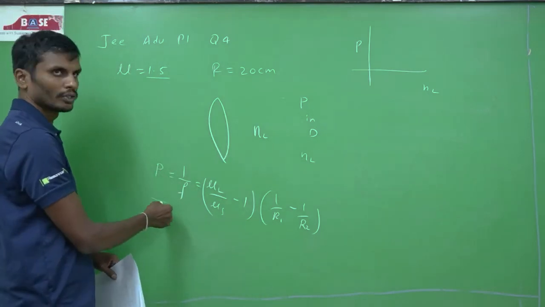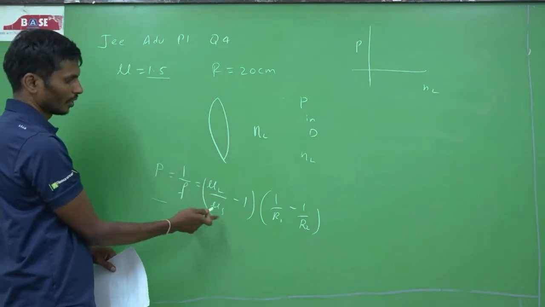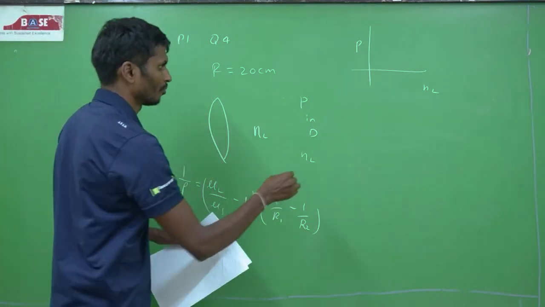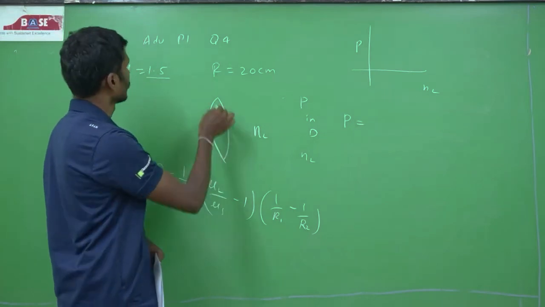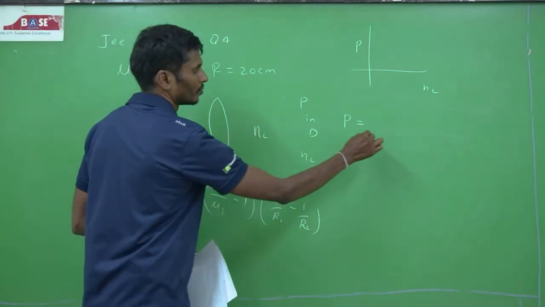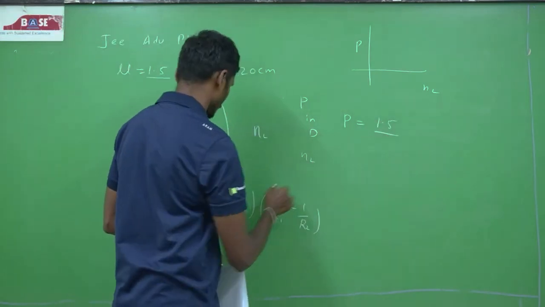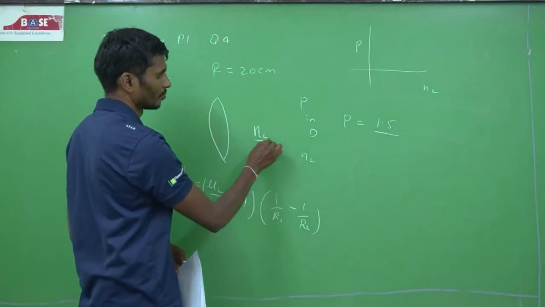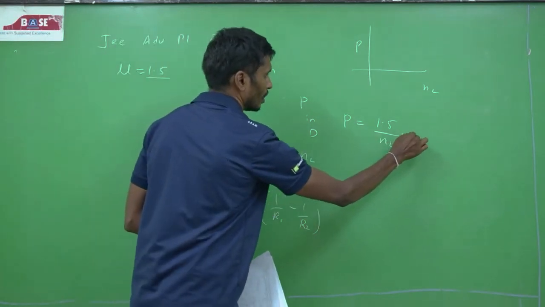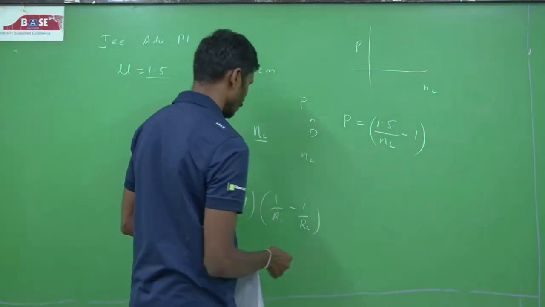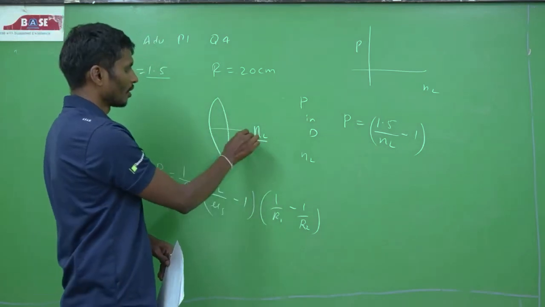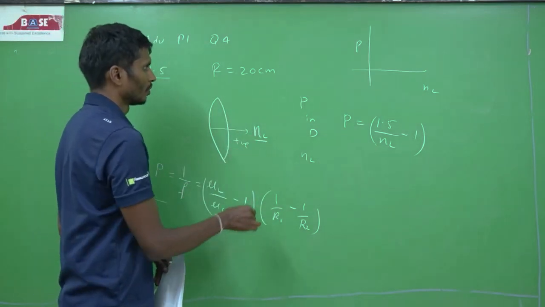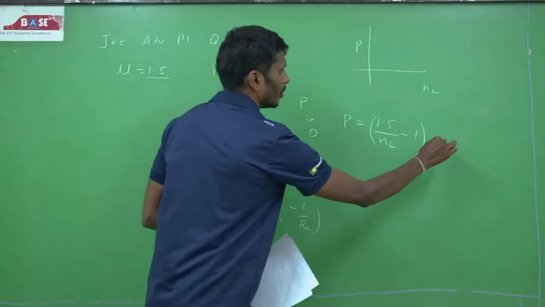I'll substitute the given values and we'll get the equation for power. The refractive index of lens is given as 1.5, by surrounding NL, minus 1, into 1 by R1. For a double convex lens, R1 will be positive, given as 20, 1 by 20.